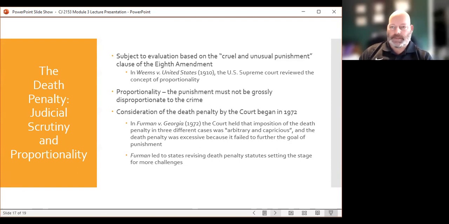Well, Furman didn't end the death penalty. It basically sent the states into review, and many states who wanted to continue to use the death penalty as a form of punishment went into revision of their death penalty statutes, which ultimately set the stage for even more challenges.